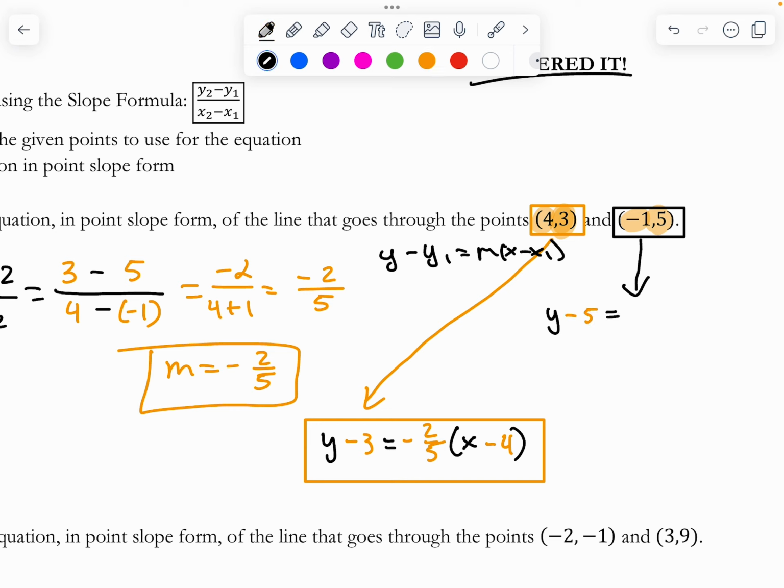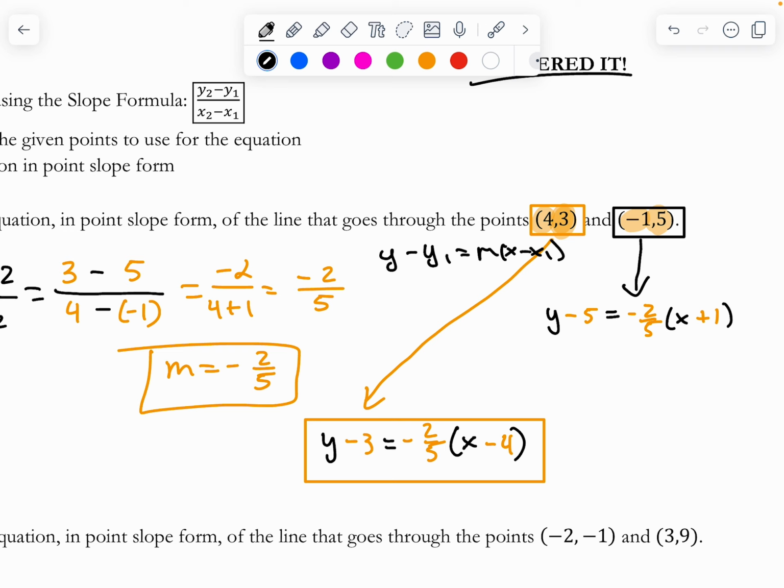And this is equal to negative 2 over 5. Remember, our slope stays the same. Negative 2 over 5 times the quantity of x. We've got negative 1 in our x value, so we're going to write in plus 1. Let's say write in. That sounds better to me.